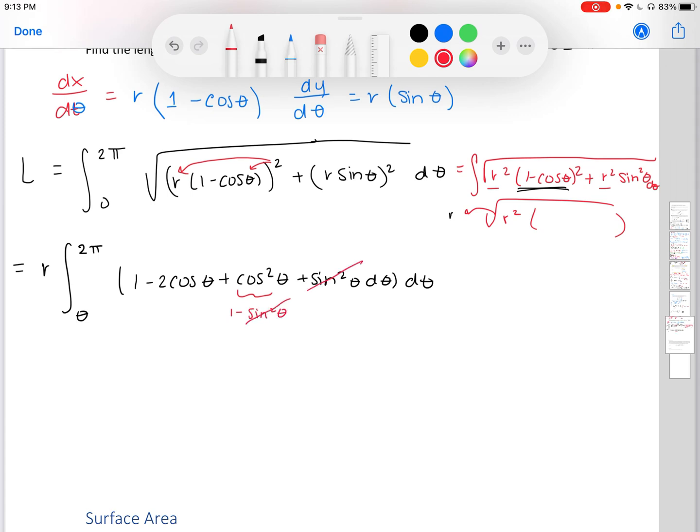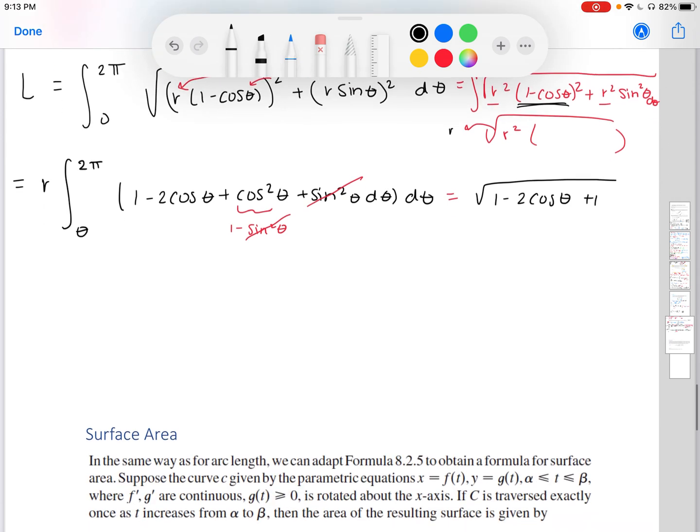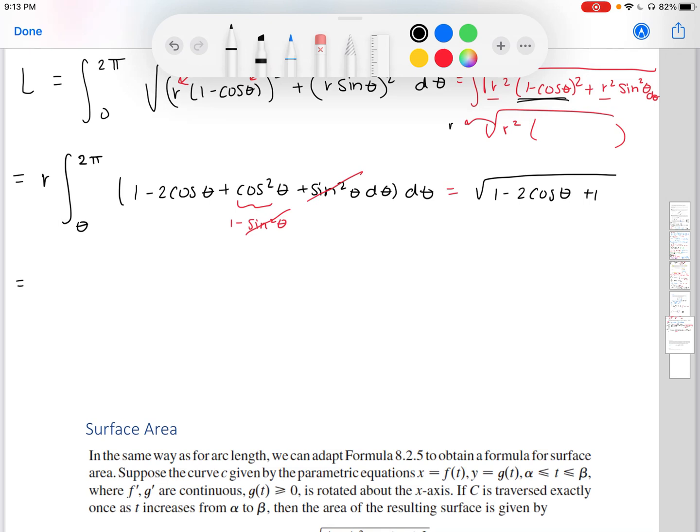We can make our sines cancel again, like we did before. So we're just left with 1 minus 2 cosine of theta plus 1. So our answer is just 1 plus 1 is 2.